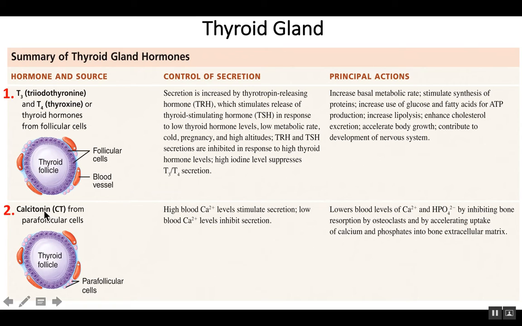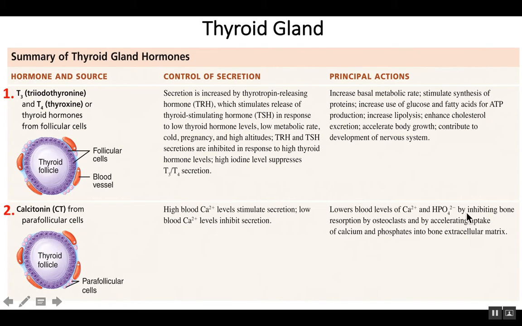Let's look at calcitonin. Calcitonin is completely different. It revolves around regulation of calcium levels. In fact, this hormone is secreted and stimulated when there is too much calcium in the bloodstream. When calcium levels are too high, this hormone is going to help lower blood calcium levels, also phosphate levels.